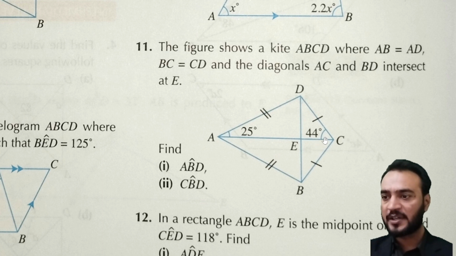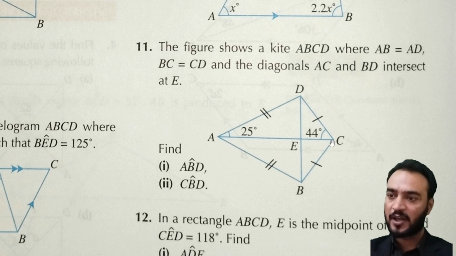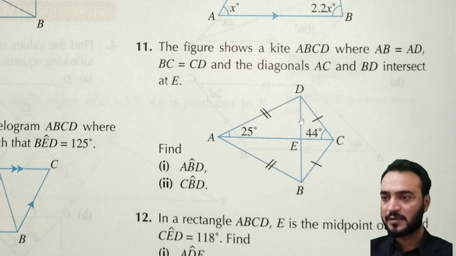The angle at point C in the triangle CED is 44 degrees. The angle DAE is equal to 25 degrees. In a kite, the major diagonal, the diagonal which is greater in length, bisects the interior angle, and the diagonal which is smaller in length does not bisect the interior angle.